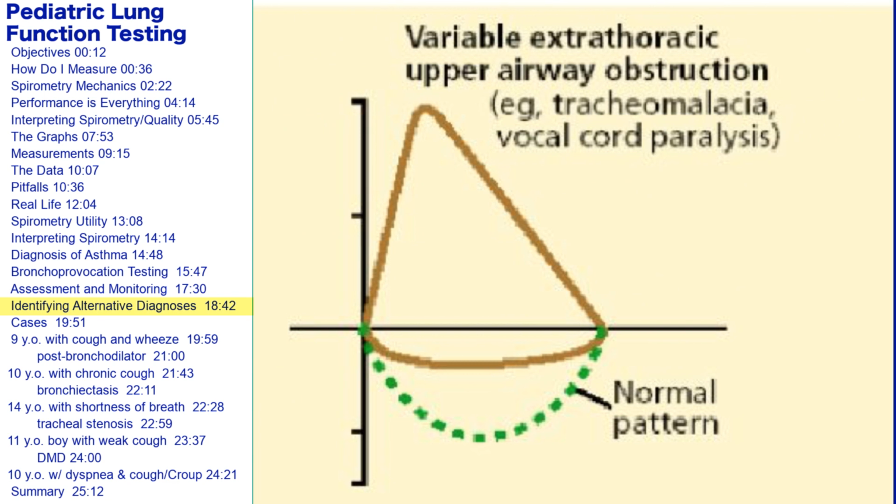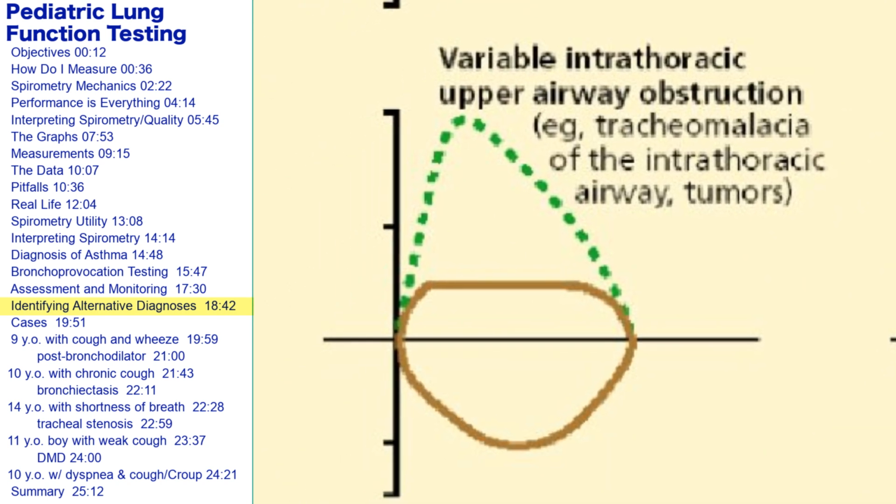On the top right, this would be what an extrathoracic upper airway obstruction might look like, where the exhalation looks fine, but on the inhalation, there is a flattening of the inspiratory curve. The bottom left is what a variable intrathoracic airway obstruction might look like, such as tracheomalacia or certain soft tissue issues that might compress the trachea.